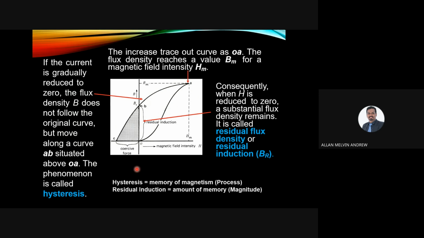Hysteresis is a memory of magnetism. There are two things that we need to understand. Hysteresis is a process. Residual induction is the magnitude, the value of something. Hysteresis is actually a memory of magnetism because earlier you already put a conductor in a magnetic field. Over time, the conducting material will be energized and carry its own magnetism.